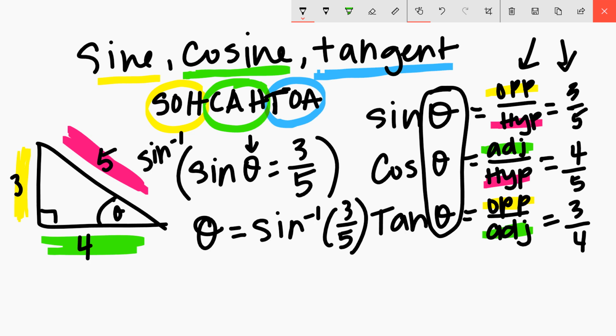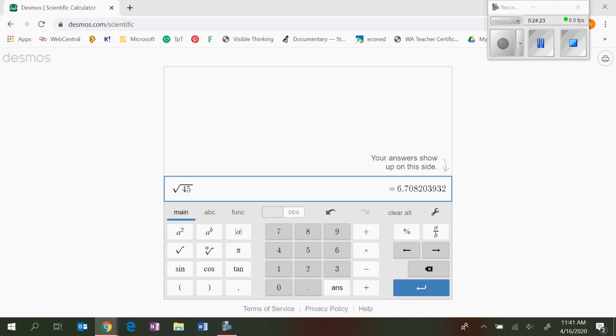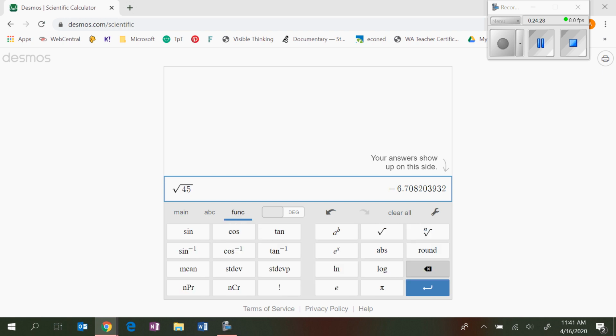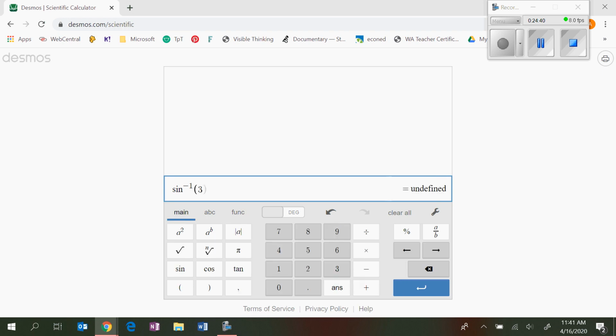So if we wanted to go and take a look at the Desmos calculator, we should be able to find that there. All I did was click to this function right here. I need sine inverse of 3/5. And then I want my answer right here. 36.869.